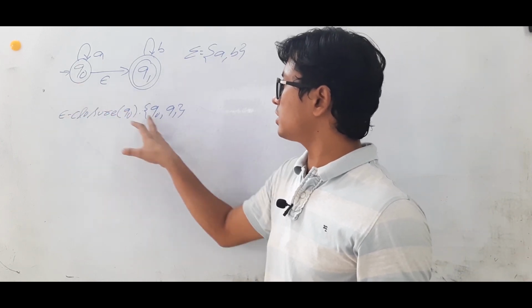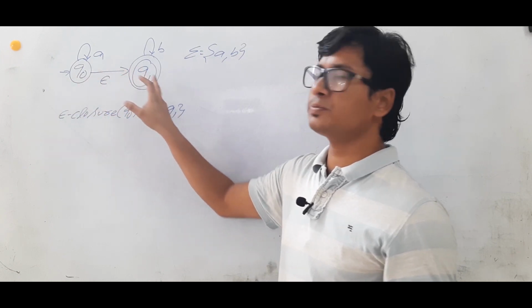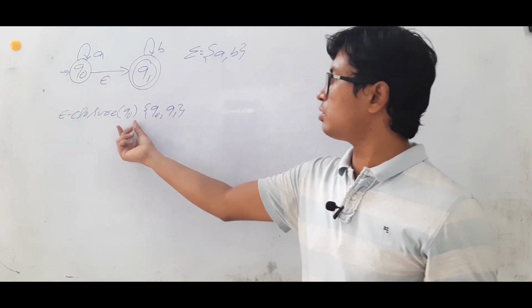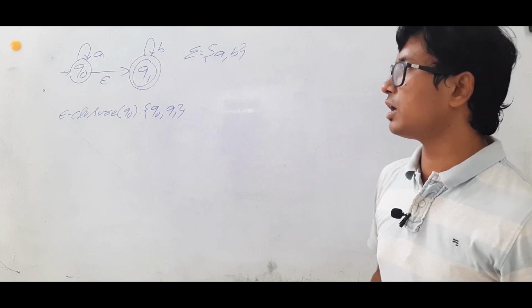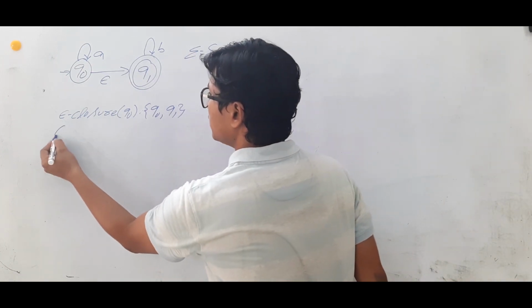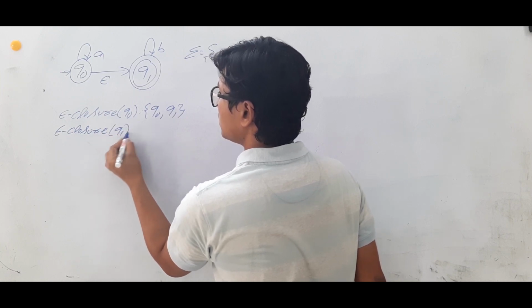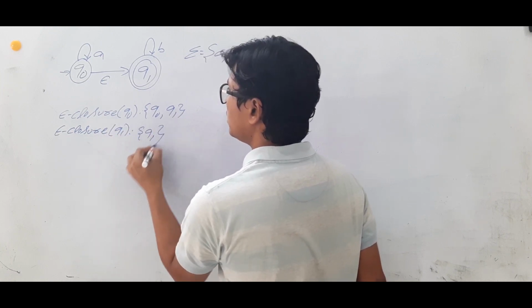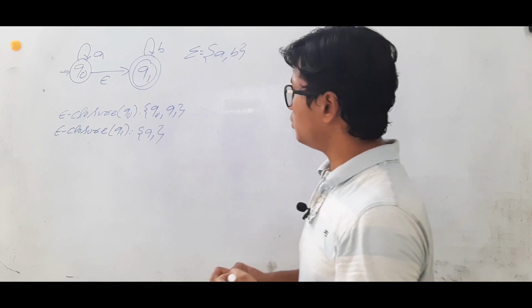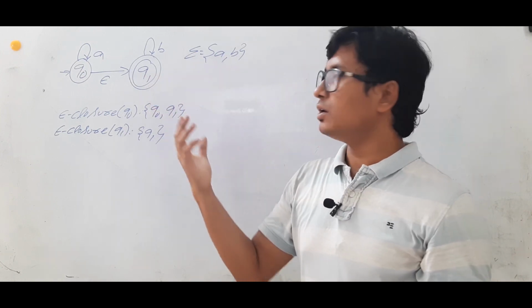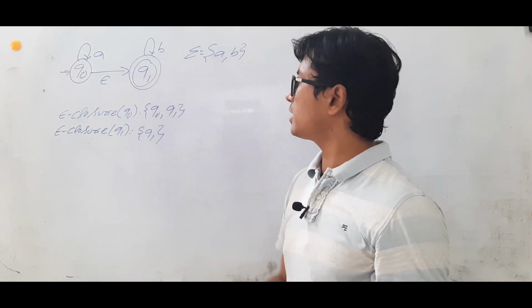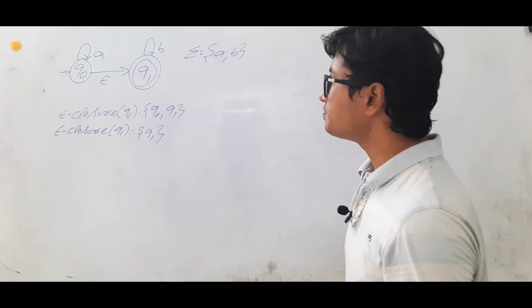Epsilon closure of Q0 is Q0. From Q0 on epsilon where are you going? Q1. So epsilon closure of Q0 consists of Q0, Q1. Similarly, epsilon closure of Q1 is Q1 alone. Why? From Q1 on epsilon, you are not going anywhere, so it consists of Q1 only.